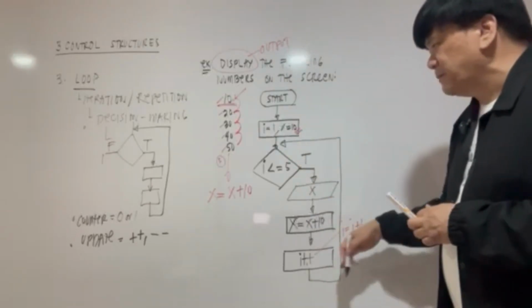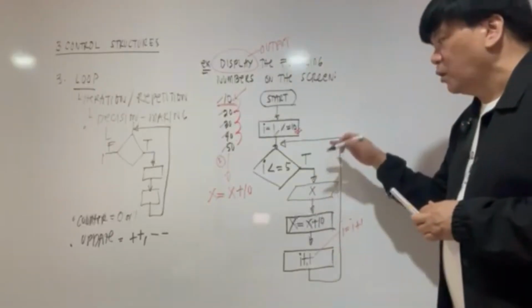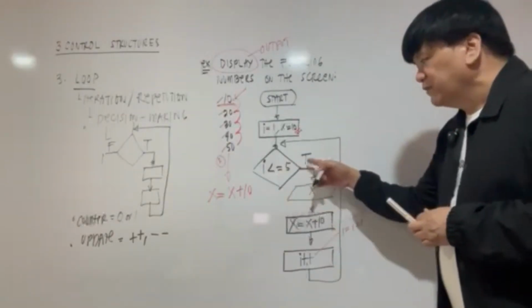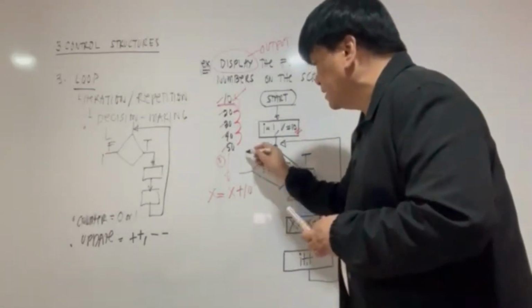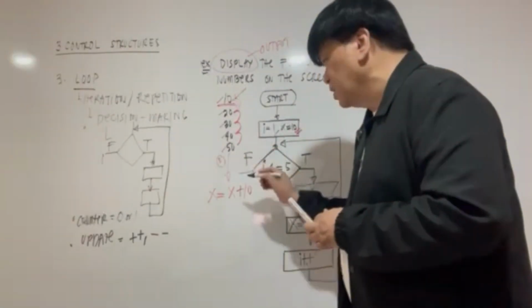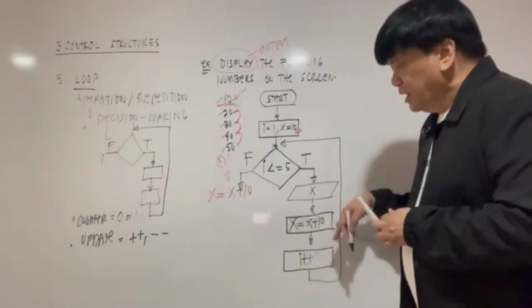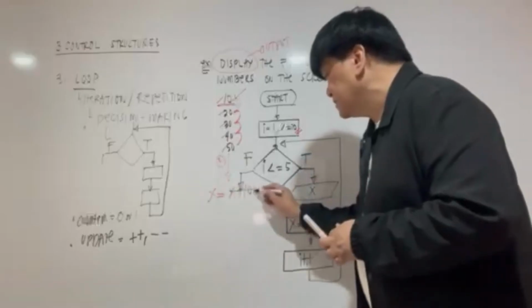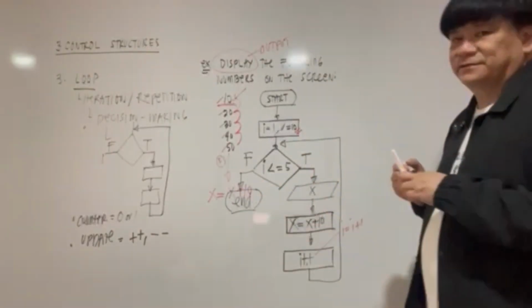Again, as I mentioned a while ago, this continuously loops as long as the condition says true. Otherwise, it will go to the false side, and there's nothing to be executed, so we can just simply end it.